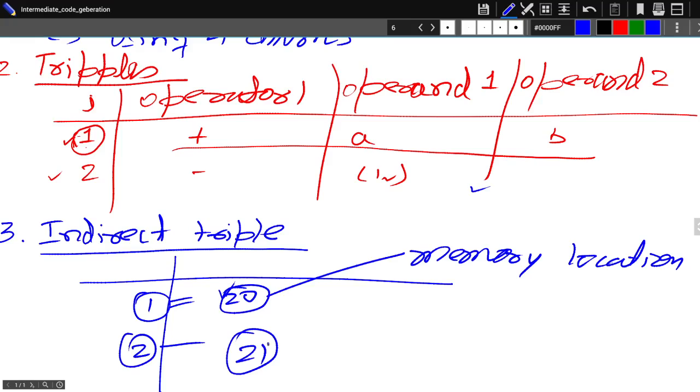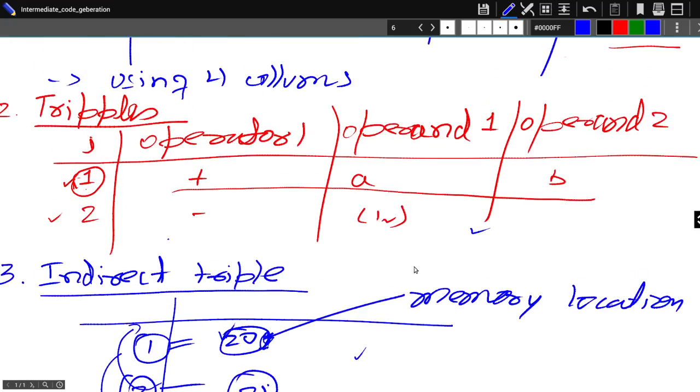If we have this memory location, we can move the statements wherever we want. So the problem of triple is eliminated, and although it takes some space for storing the memory location, it is still less than quadruple.